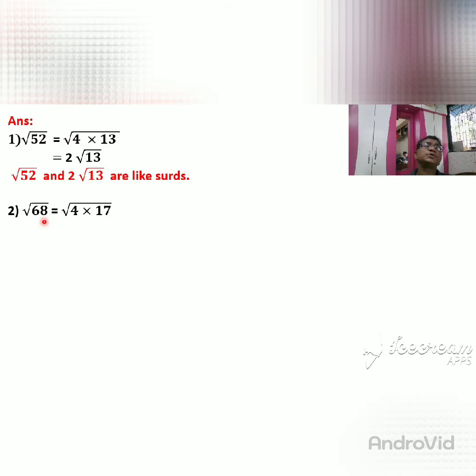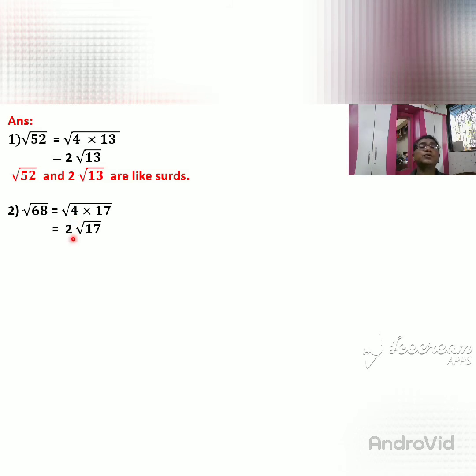So the square root of 68 can be factorized in such a way that one number's square root can be obtained. See, 4 into 17. 4 into 17 gives 68. Why have I taken 4 into 17? Because the square root of 4 you can get easily.